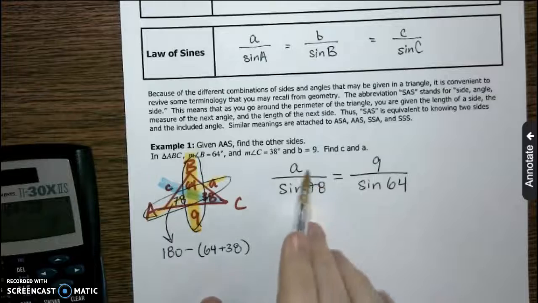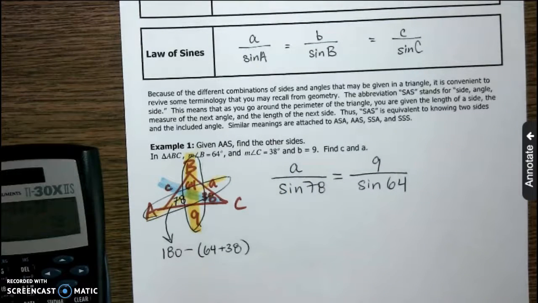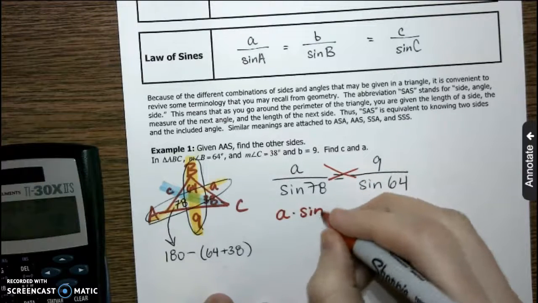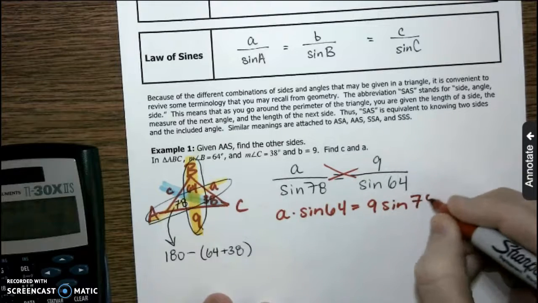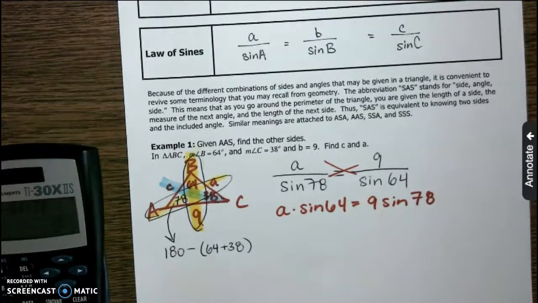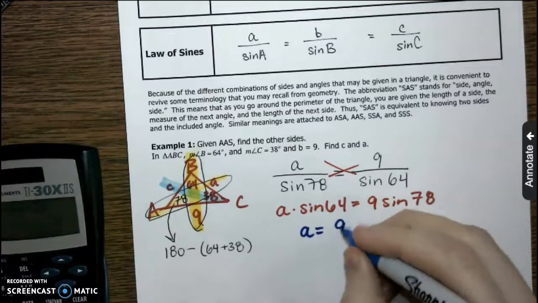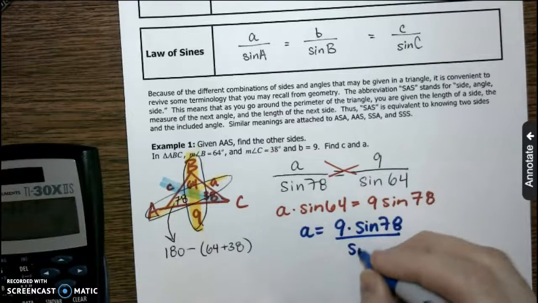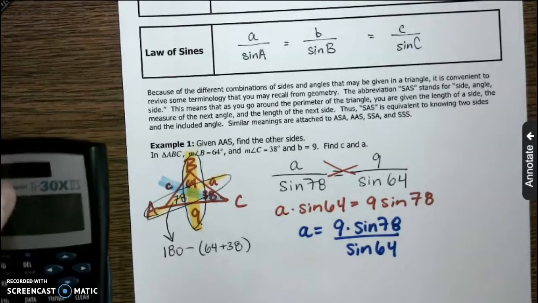Whenever you set this up, you should only have one unknown variable. Everything else should have a number in it. So from here, you cross multiply. Multiply your diagonals together. And then how would I solve for A? I would divide by sine 64 on the other side. So A is going to equal 9 times sine of 78 divided by sine of 64. Type that into your calculator.